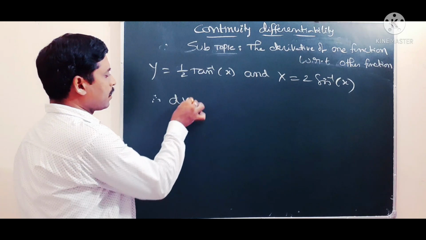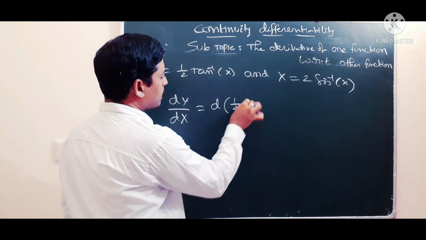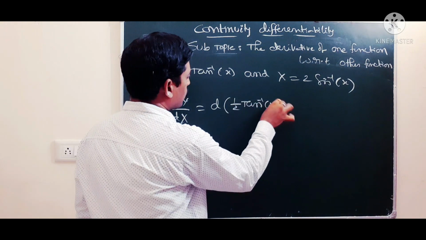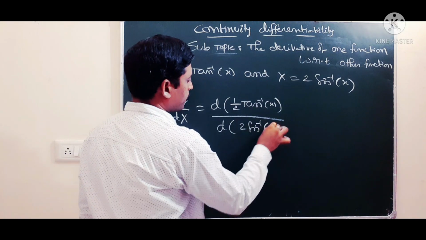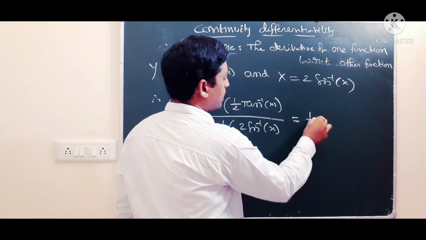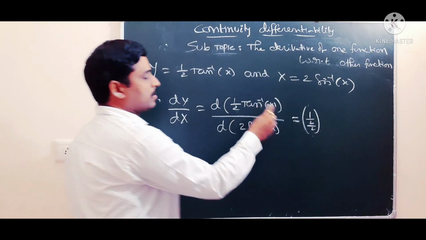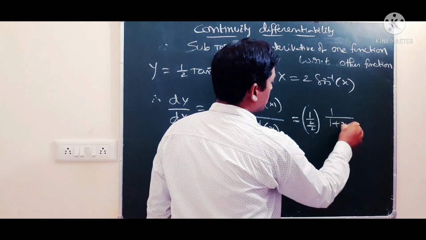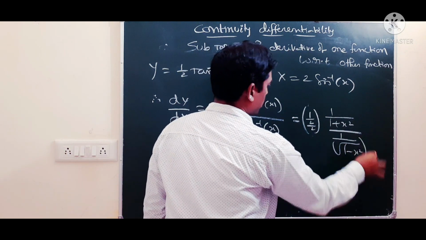So dy by dx is equal to the derivative of y, half tan inverse x, by the derivative of x, 2 sin inverse x. This will be 1 by 2 constant, and in the denominator 2 constant, 1 by 2 by 2, which is nothing but 1 by 4. Differentiation of tan inverse x is 1 by 1 plus x square, and the denominator differentiation is 1 by root 1 minus x square.